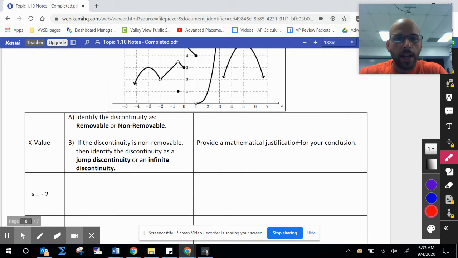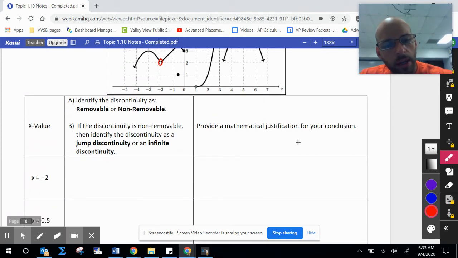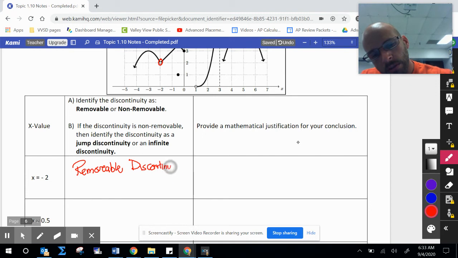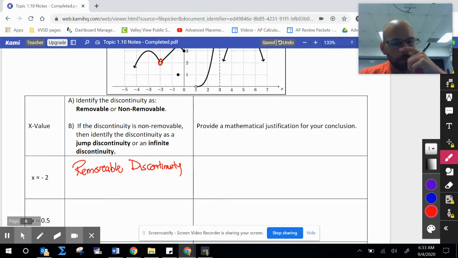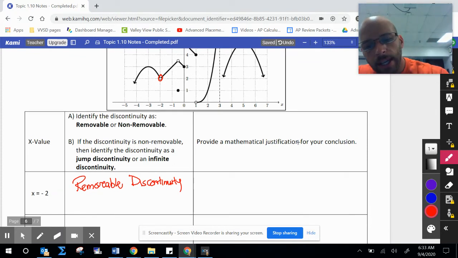So at -2, you can see that there's a hole here. So that's going to be a removable discontinuity. And if I want a mathematical justification, I can say that the two-sided limit as x approaches -2 does exist.